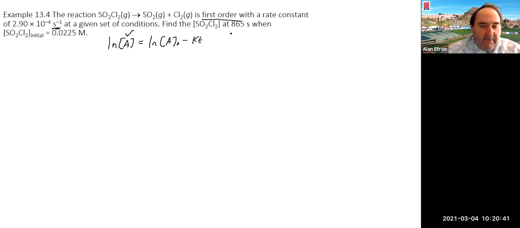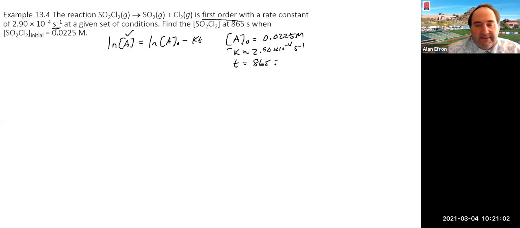We have our initial concentration, 0.0225. We also have the rate constant, 2.9 times 10 to the minus 4. And lastly, we have how long we're doing this for, which is 865 seconds.